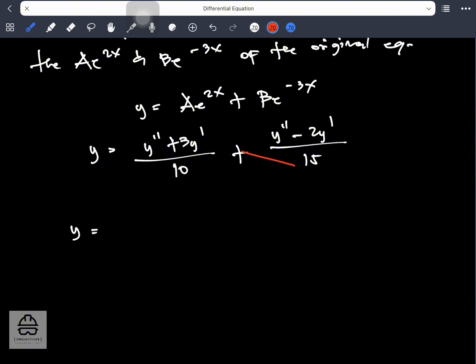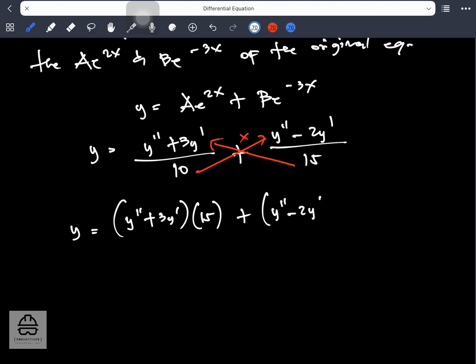To simplify this equation, multiply: y prime prime plus 3y prime multiplied by 15, plus y prime prime minus 2y prime times 10. Divide both sides by the product of the denominators, that would be 150.